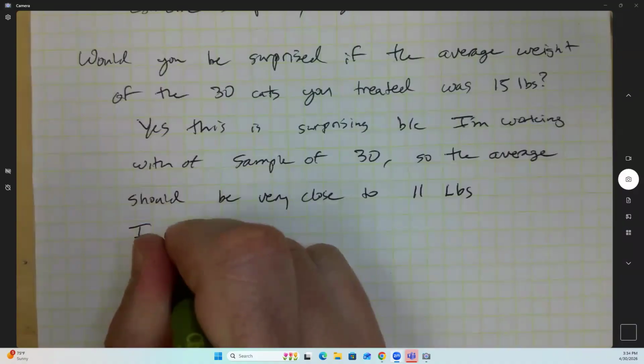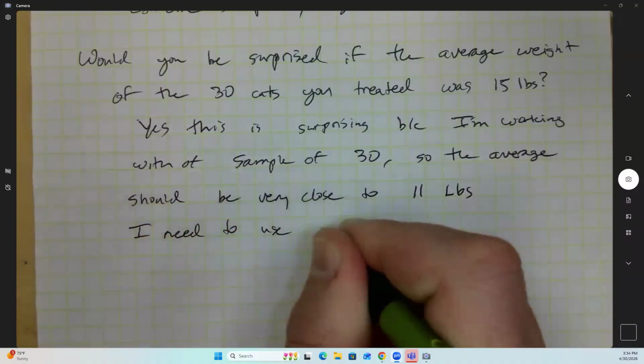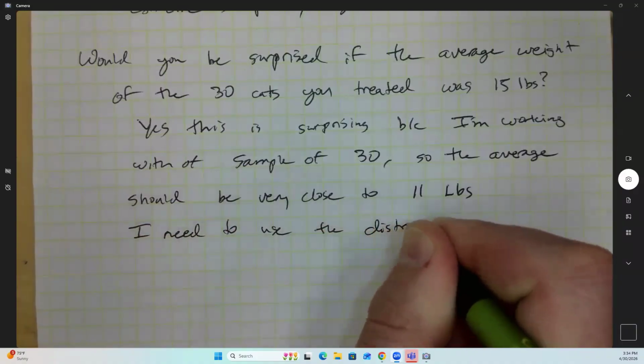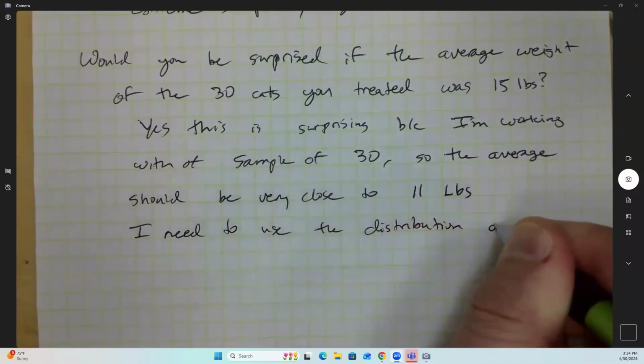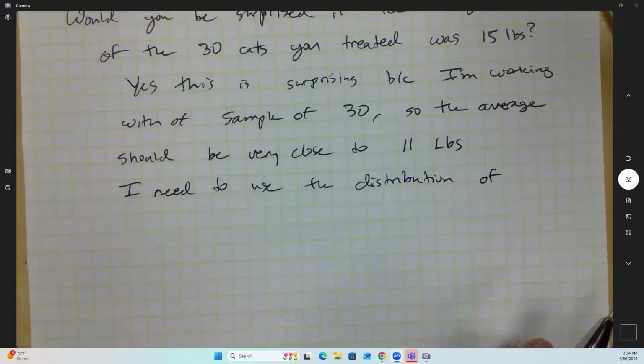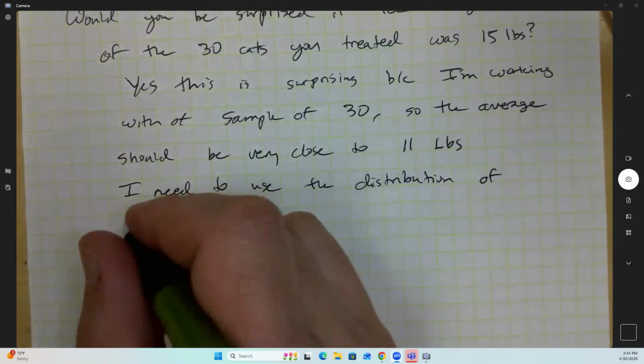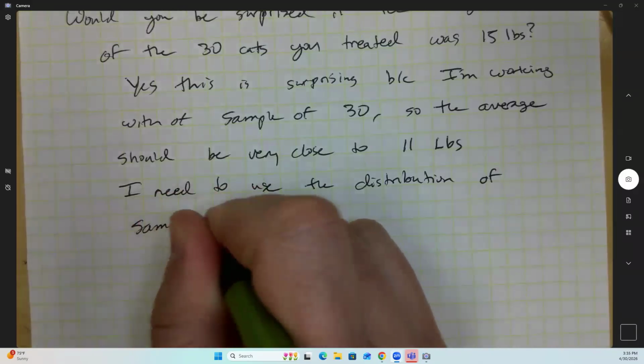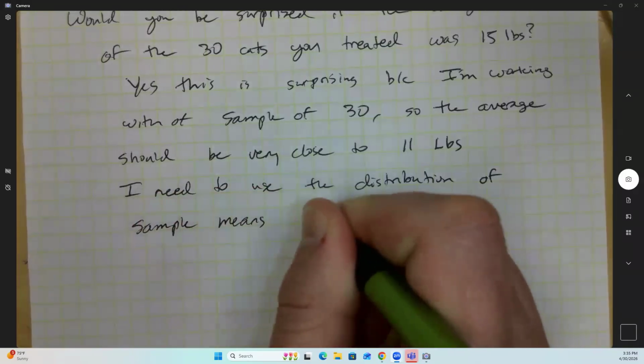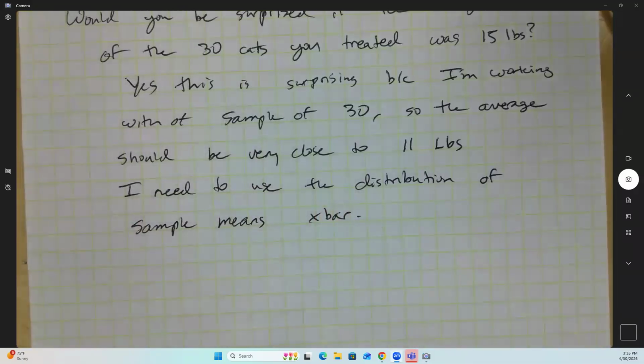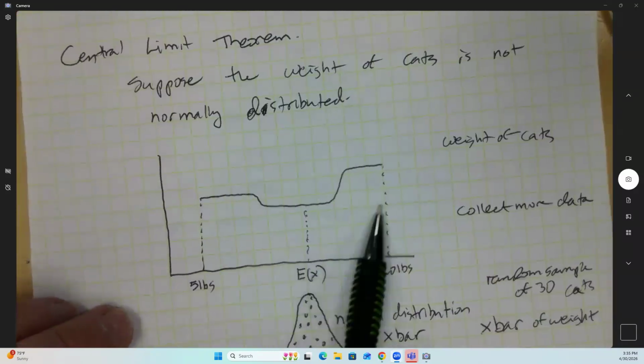I need to use the distribution of the sample means, X bar. I'm not going to use this distribution anymore.